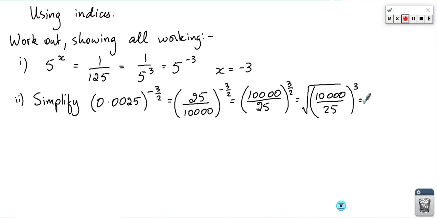The square root of 10,000 is the number which, when multiplied by itself, gives 10,000, that's 100. The square root of 25 is 5. To the power of 3, which means that's 20 cubed, or 20 times 20 times 20, which gives 8,000.